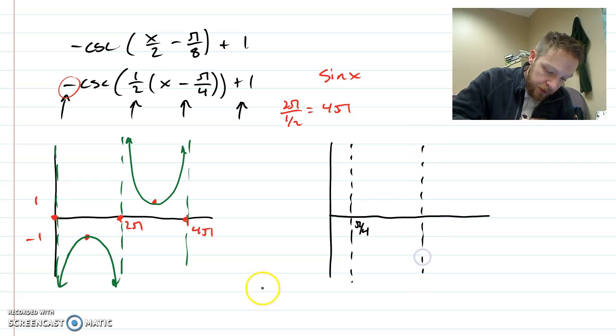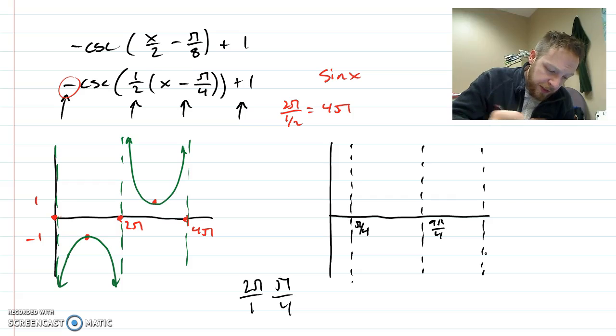Then 2 pi over 1 plus pi over 4. I'm trying to think fractions in my head. Boy, it's early. So we want the same thing, so that'd be 9 pi over 4.